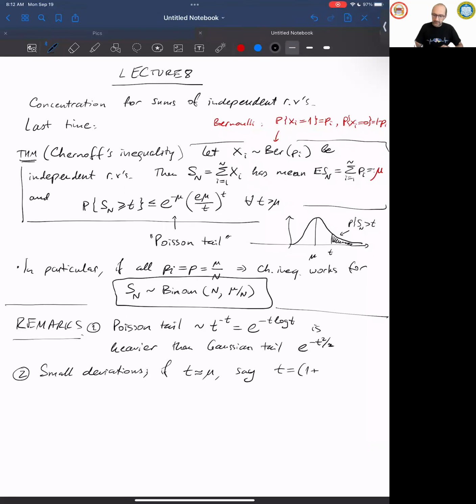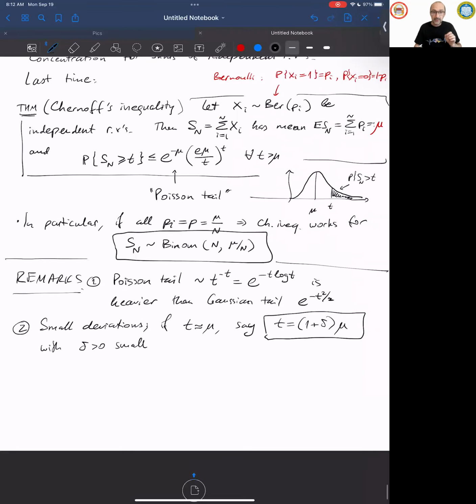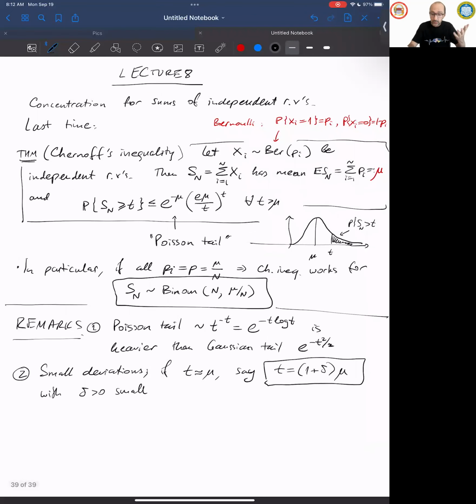Let's say 1 plus delta times mu, and think of delta very small. So we'll kick it to the right a little bit and see whether Chernoff's inequality can still give us a good answer. By the way, let me ask you this question. If t was exactly mu, what do you think the answer should be? Probability that the sum is greater than its mean.